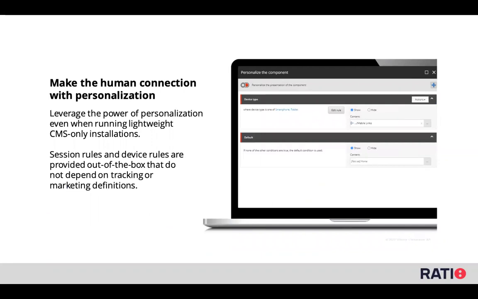Personalization has always been available depending on the Sitecore license you have. Sitecore split out their licensing in terms of CMS only and what they call the experience platform, which is CMS plus all the bells and whistles in terms of marketing functionality, xDB, etc. But with Sitecore 10, if you have a license that is just CMS only, you're now able to take advantage of the 100 or so out-of-the-box personalization rules that Sitecore has.